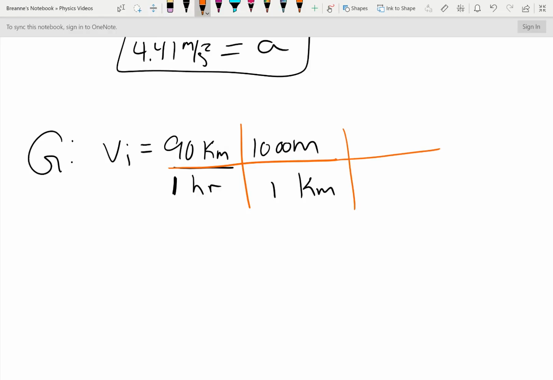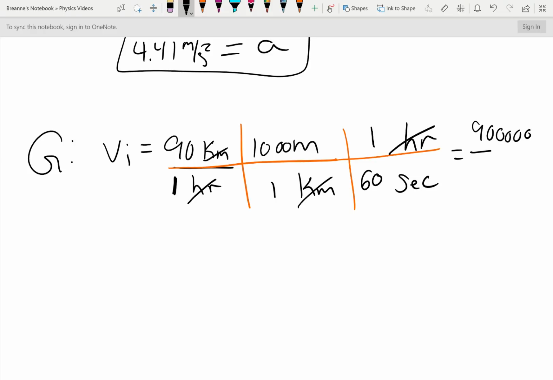So now we can focus in on our hours. Hours are on bottom. To cancel it, it's got to go on top. We want seconds. So for 1 hour, 60 seconds. The hours cancel. So now you multiply across the top, 90 times 1,000, and divide that by 60, because 1 times 1 times 60 gives you 60.